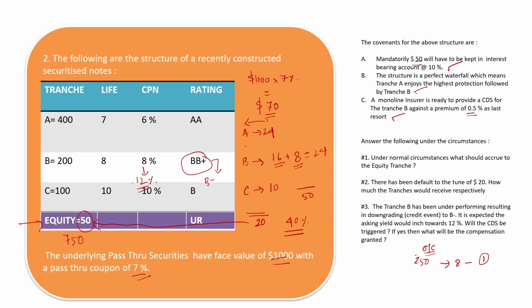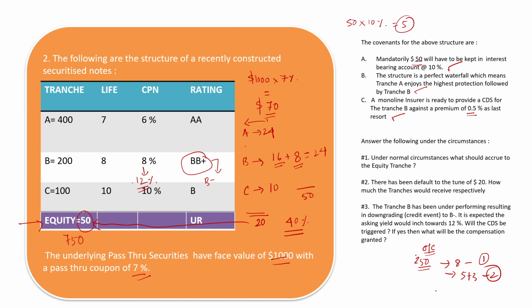So from this cash reserve account of $50, which was enjoying 10%, which means $5, $5 could come from this account, and $3 could come from the over collateralized account, which already had $250 coffer in it. So it could be a mix and match of both as well. So that could be the second alternate.